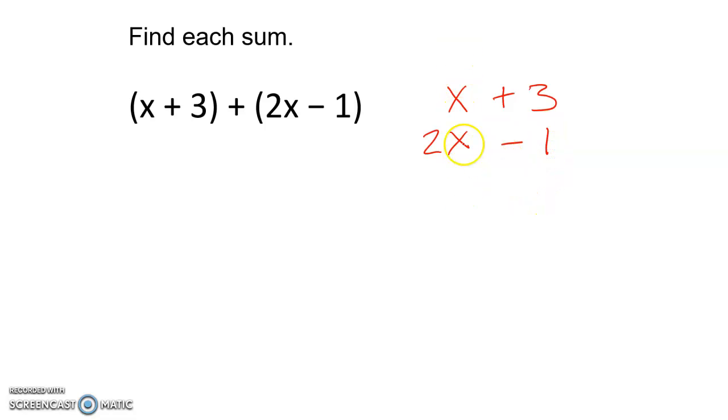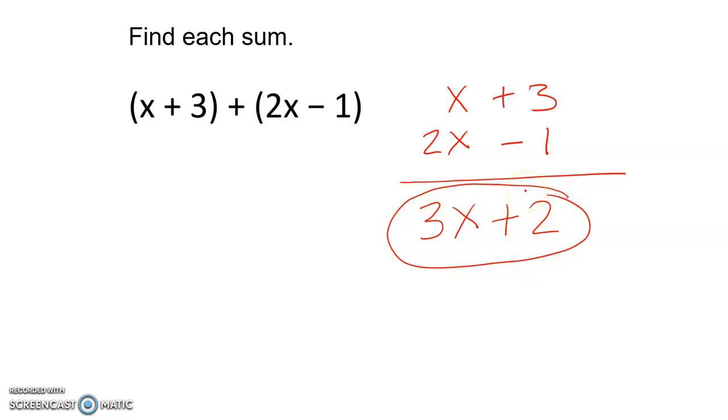So I line up my like terms, x and 2x, that ends up being 3x. Now, positive 3 and a negative 1, that's a positive 2. So you're basically just combining like terms. I stack them, make sure the variables are stacked with each other and the constants. Include the signs with them.